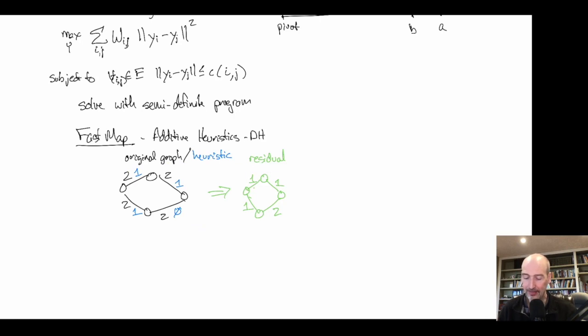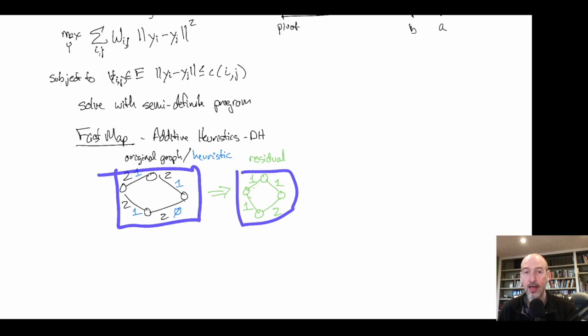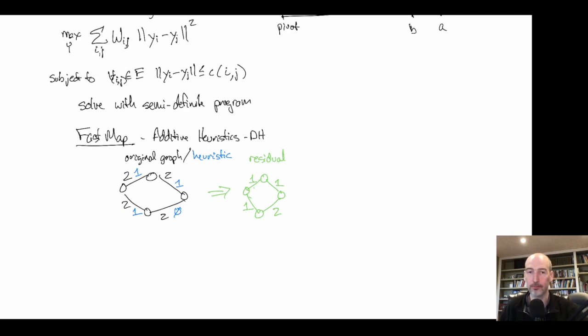What that means is that in this residual graph, we can compute another heuristic. If we compute it only by these distances that have not been captured by my original graph and the heuristic on it, then any heuristic on the residual graph can be added to the heuristic on the original, and I'll still have an admissible heuristic.